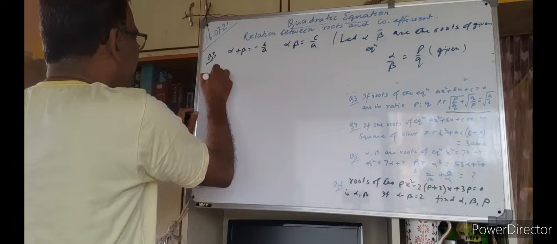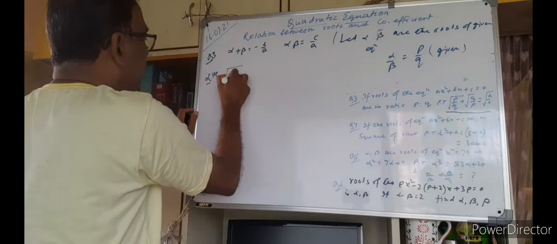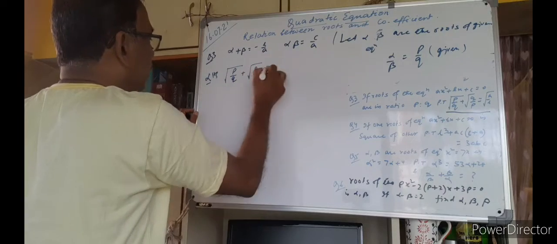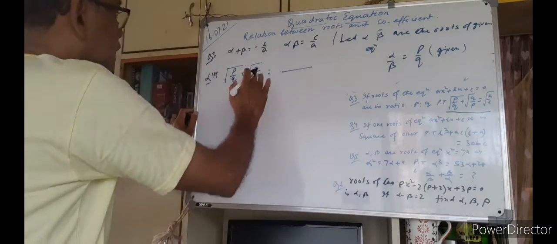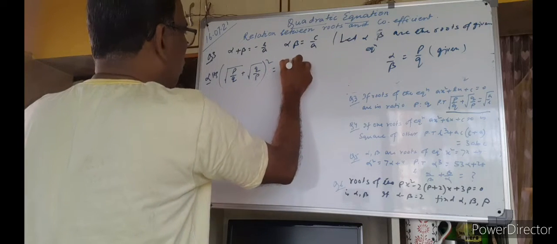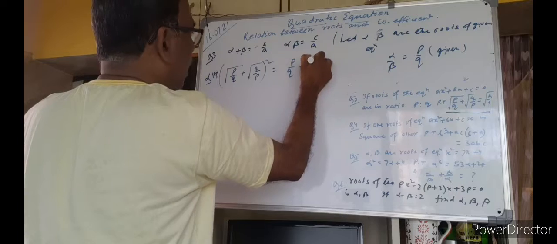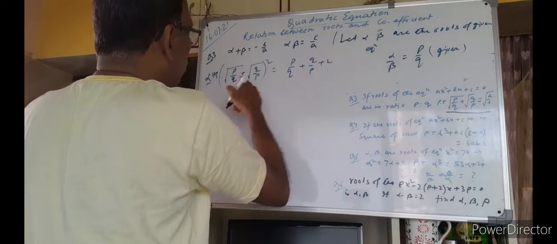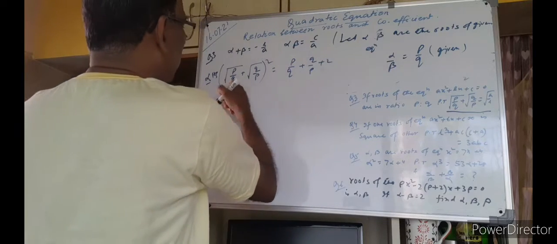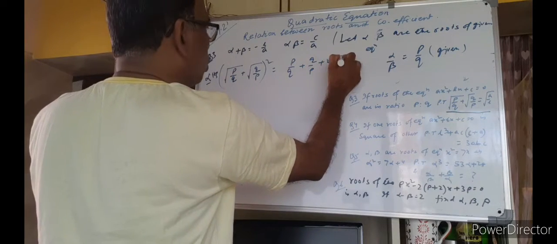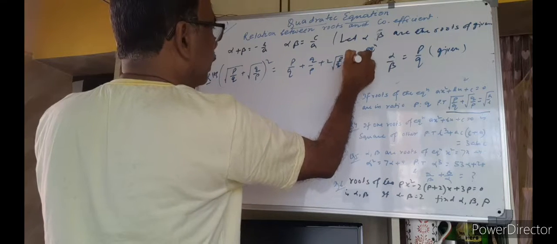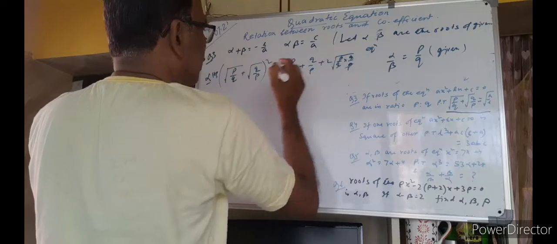Now left hand side, root over of P by Q plus root over of Q by P, the whole square, equals P by Q plus Q by P plus 2, that is a square plus b square plus 2 times this into this, that is 2 times P by Q into Q by P. That is 2.